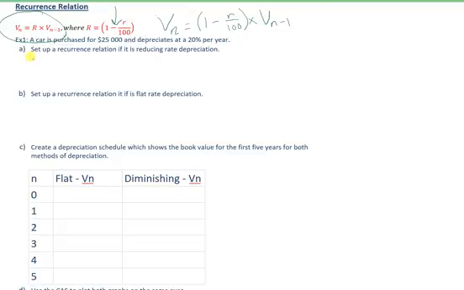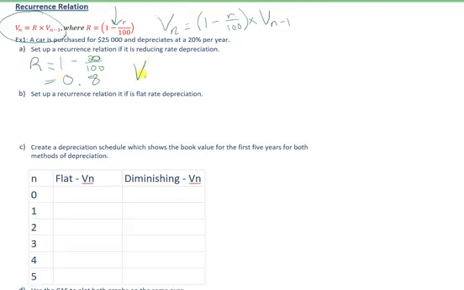That means our compounding factor is going to be 1 minus 20 over 100, or 0.8. Because I'm losing 20%, I'm keeping 80%. So I'm going to be multiplying by 0.8 each year.